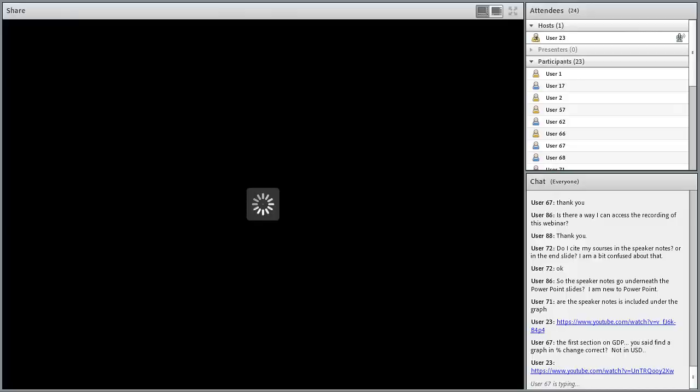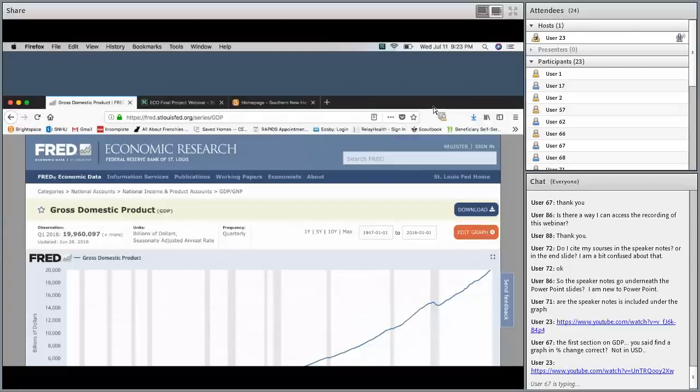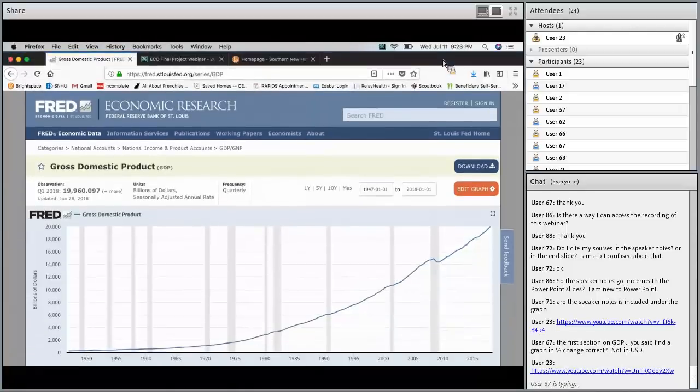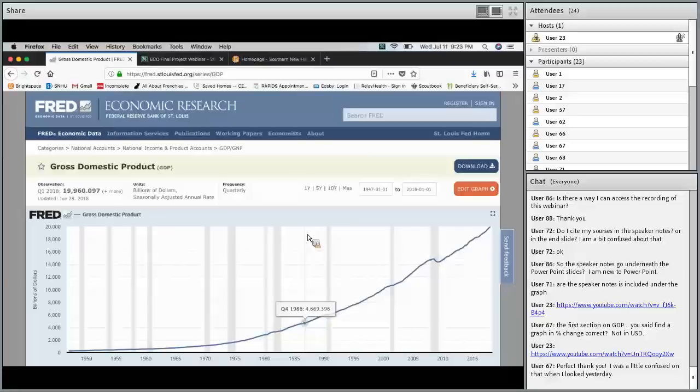You are also able to select the decade you need. So there's a slider. Let me see if I can share this. Let me see if I know how to do this. There.